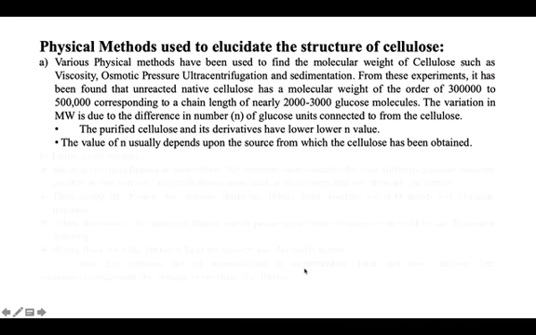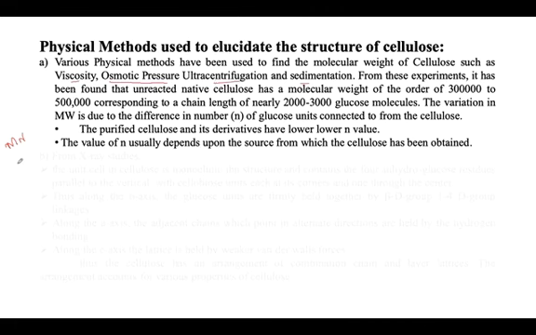Now, some physical methods have also been used to elucidate the structure. As we have already discussed, there are two types of molecular weights. One molecular weight is calculated by osmotic pressure, and that is known as the number average molecular weight, Mn. Another is determined by viscosity, ultracentrifugation, and sedimentation.